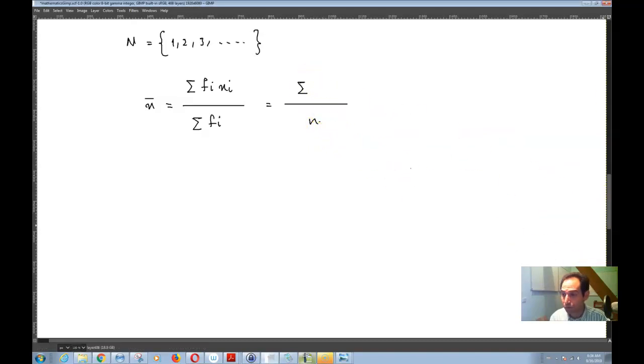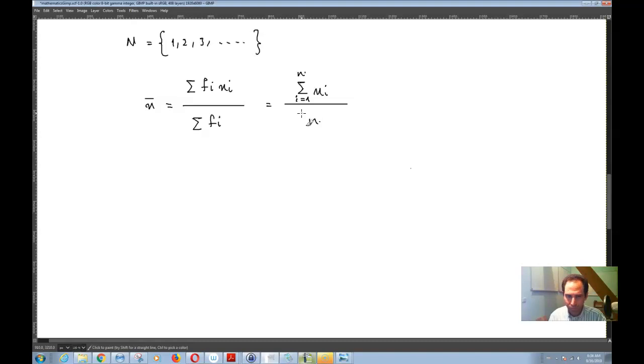And since you're dealing with sigma x of I, and you're talking about natural numbers when I goes from 1 to n, the sum of the first n natural numbers is n times, I don't remember that.